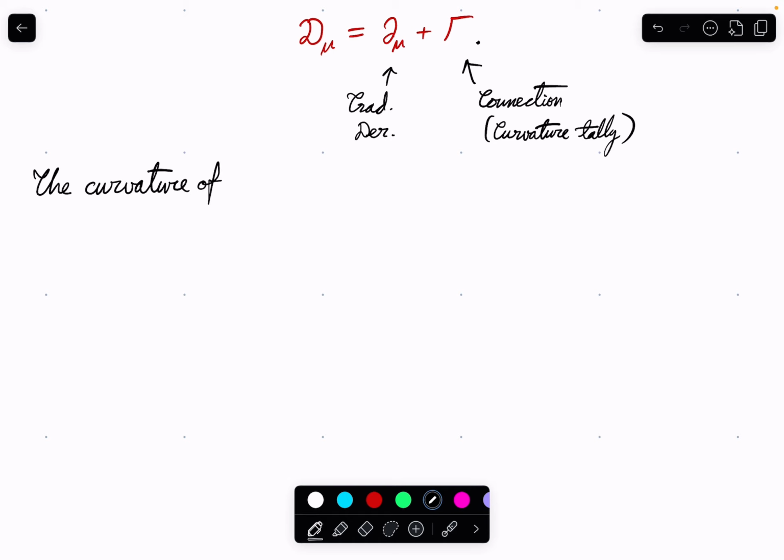Well, the curvature of general relativity is bound by the following restriction.